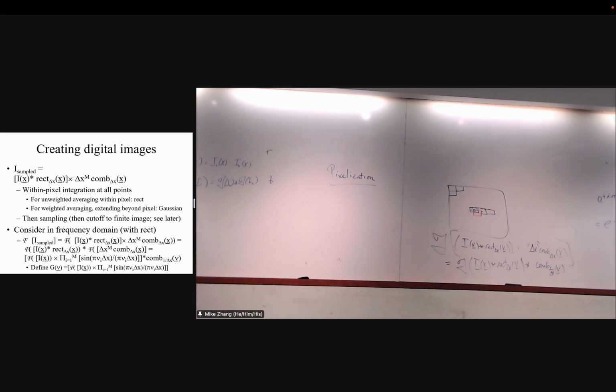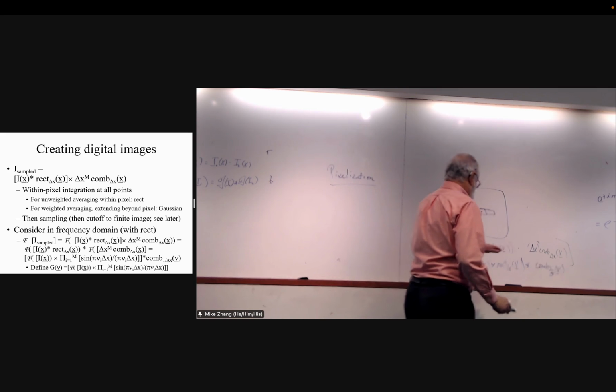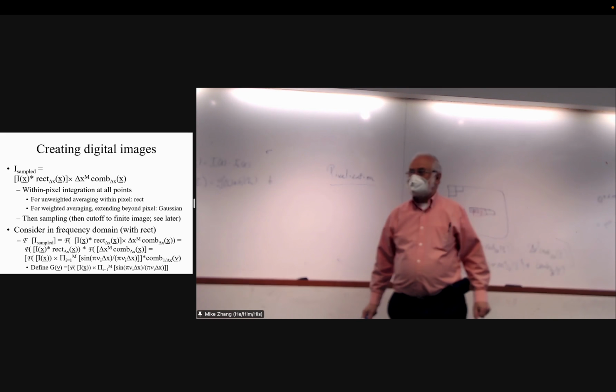The Fourier transform of delta x comb in 1 dimension, or delta x squared comb in 2 dimensions, or delta x cubed comb in 3 dimensions, is simply an unmultiplied comb in the frequency domain.